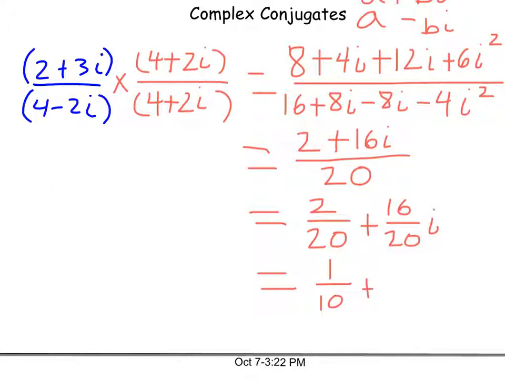And 16 over 20, how about 4 over 5? Now this one gave us a final answer with fractions, but that's fine. We got to the same answer where it's a plus bi. a is your real component. Here it's 1/10 or 0.1, and the imaginary component was 4/5 or 0.8. So it fits, again, with all of these operations, the right form of the answer that I should get.